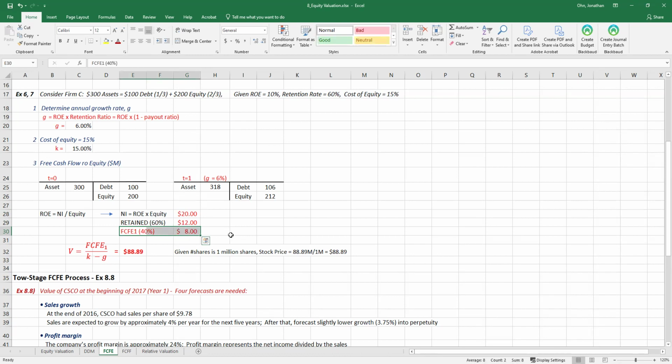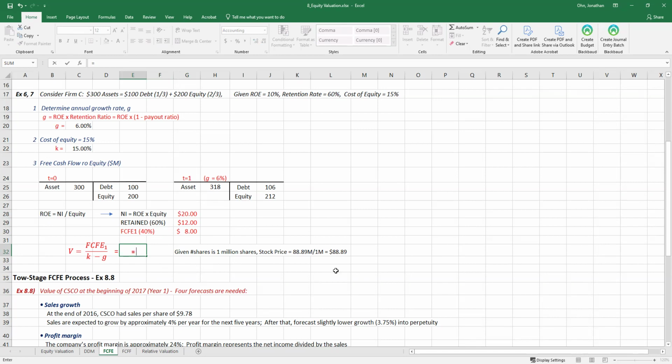It is the free cash flow that is available to shareholders. So free cash flow to equity in year one is $8 million.